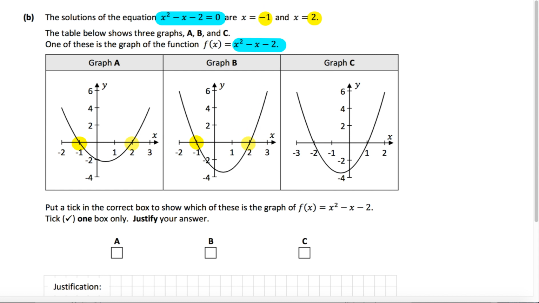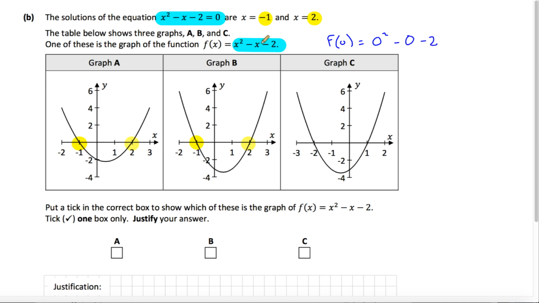And then the other thing you have to look at is the y-intercept. Well, the y-intercept will be the value of f of 0. So in other words, the y-intercept will be when you find f of 0, which will be 0 squared minus 0 minus 2.